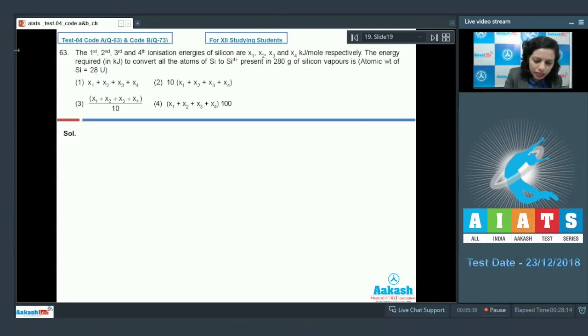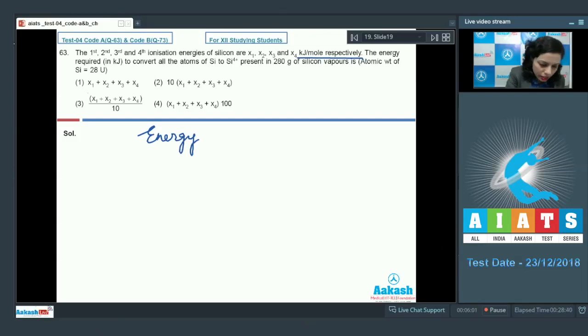In this case, we have the energy required for each of the given processes: first ionization enthalpy, then second, third and fourth ionization energy. All 4 processes are for the conversion of one silicon atom to one silicon ion. But in this case, the energy is given in kilojoule per mole.